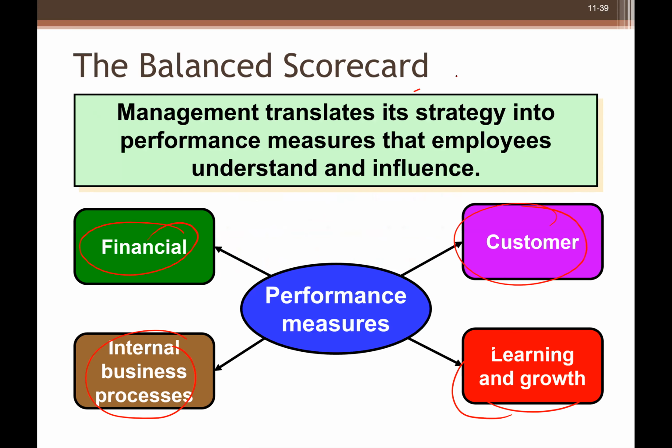the management accountants introduced the balanced scorecard, in which management translates its strategy into performance measures that employees understand and influence. Performance is measured not through just one financial perspective, but from 4 business perspectives: financial, customer, learning and growth, and internal business perspective.